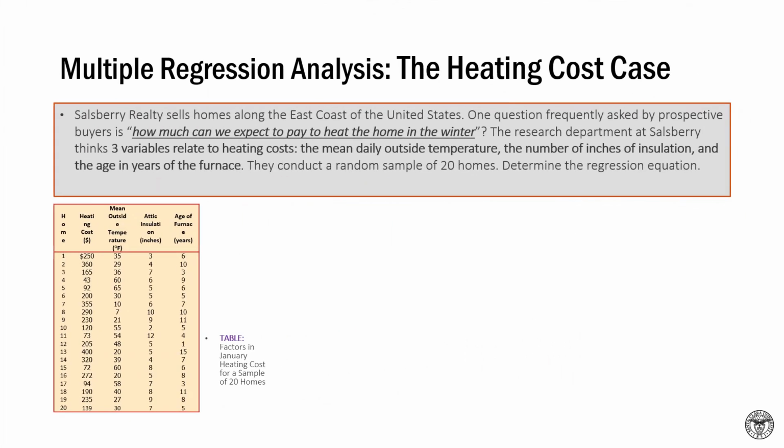In this heating cost case, our objective is to determine the expected cost of heating a home in the winter based on three independent variables: the mean daily outside temperature, the number of inches of insulation, and the age of the furnace in years.